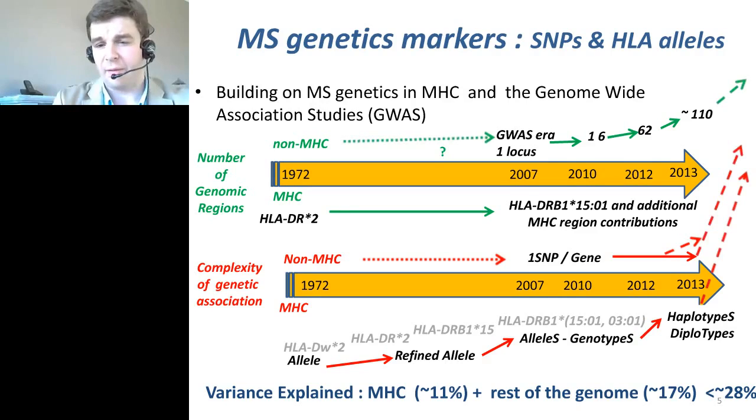Overall, it's very interesting to remember that in our own paper, we show that the variance explained by the MHC is just about one third to one half of what we're able to explain using the rest of the genome. So more than 100 markers on one hand, and one region, the MHC, on the other, which still explains a lot of the risk.